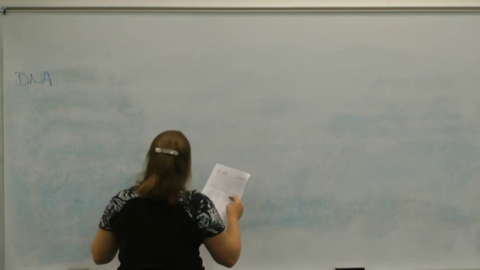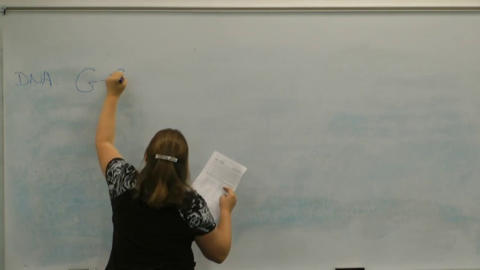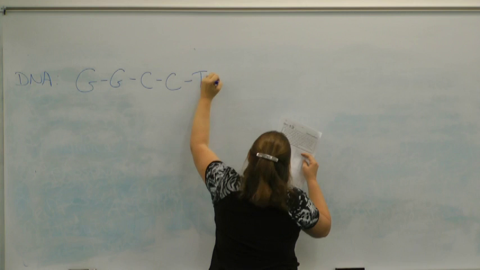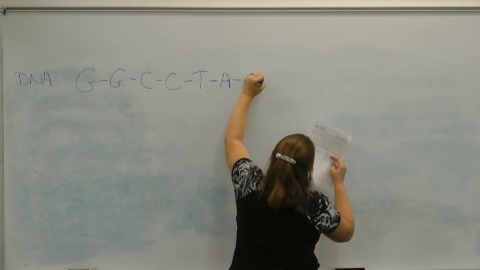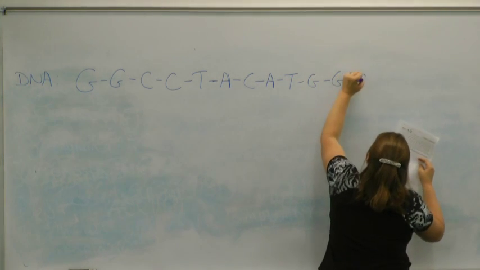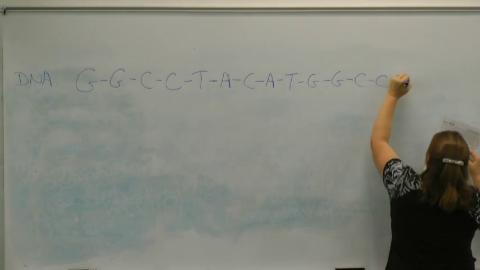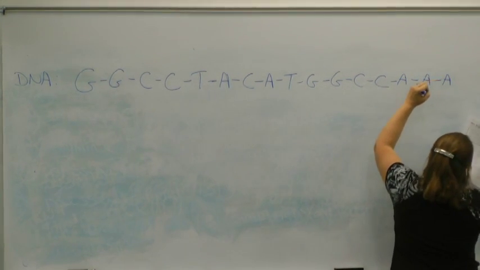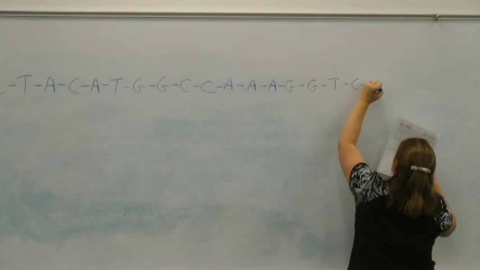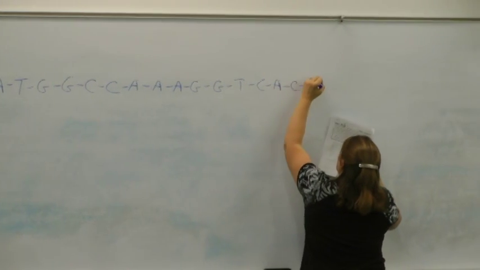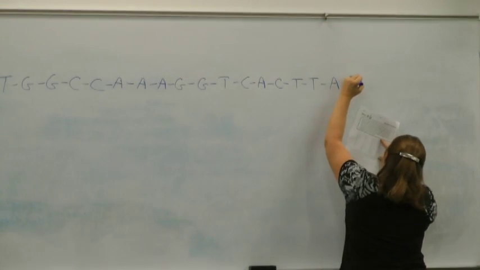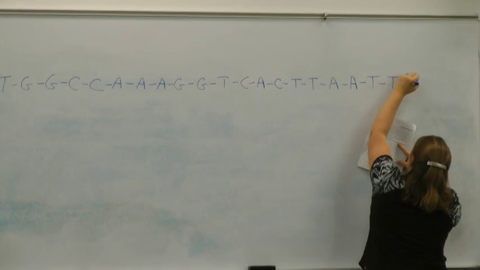So our DNA is G, C, T, A, C, A, T, G, T, C. Make sure I don't omit one here.